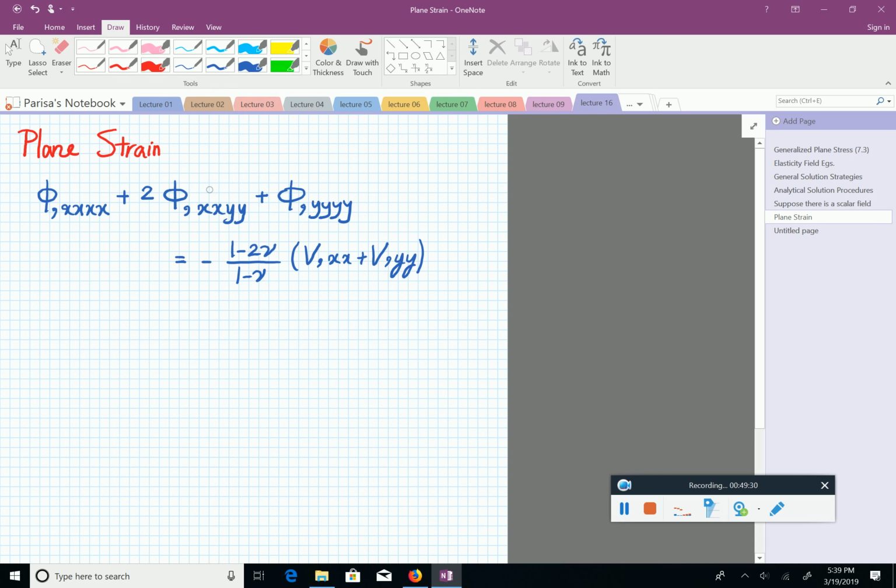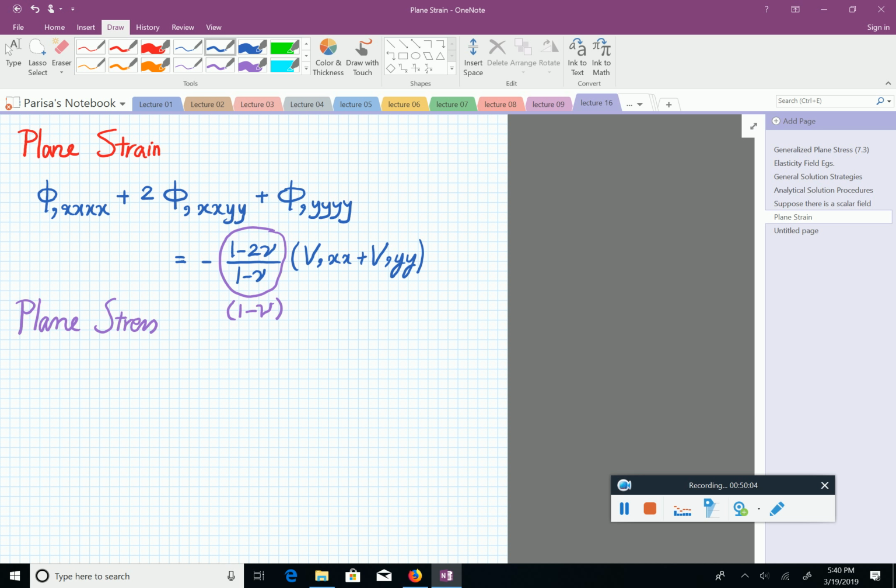So the plane stress case looks exactly the same, except that now, that's why I'm using this color, instead of this coefficient, you have just 1 minus nu. So the form is exactly the same. I hope this is not confusing. Just instead of that fraction, you just have 1 minus nu.